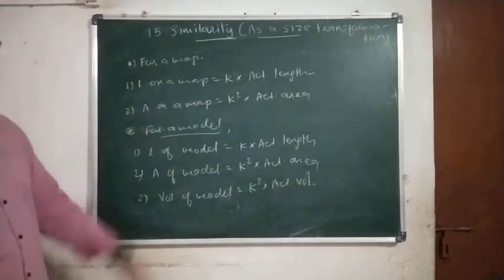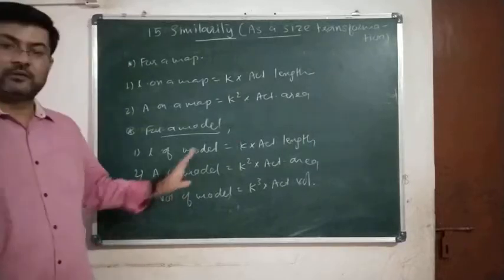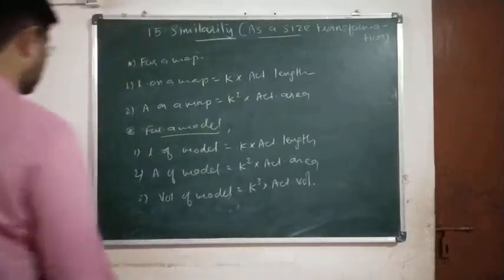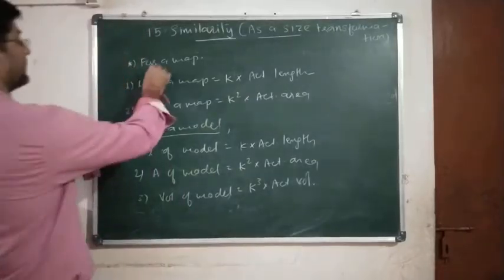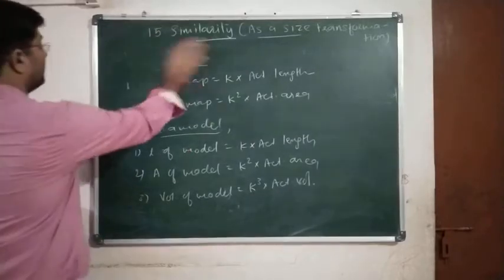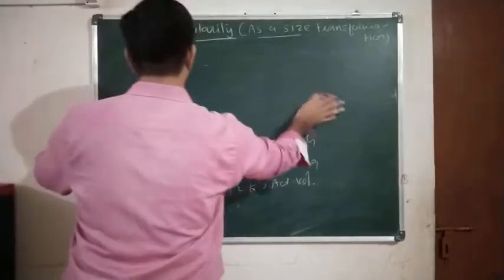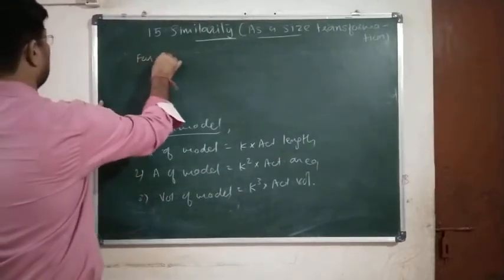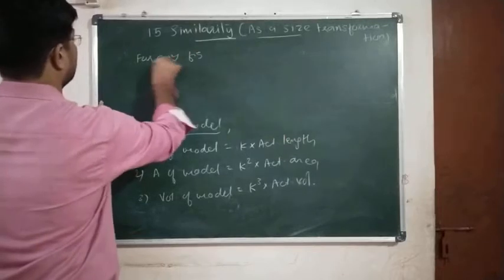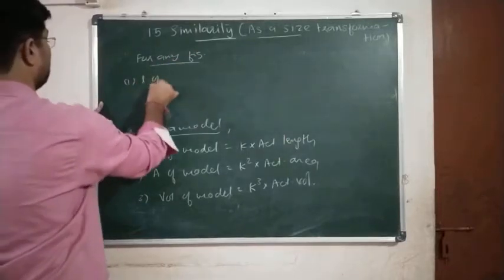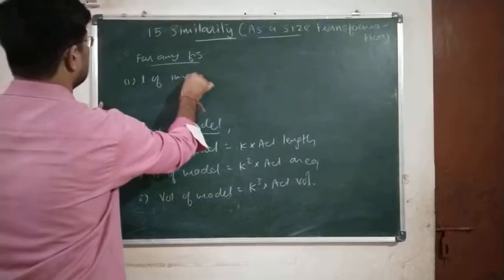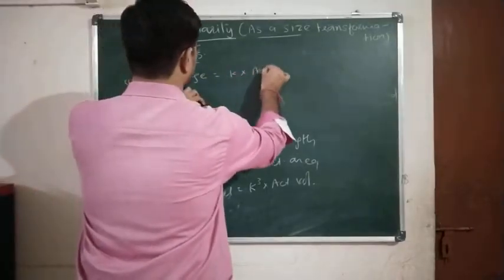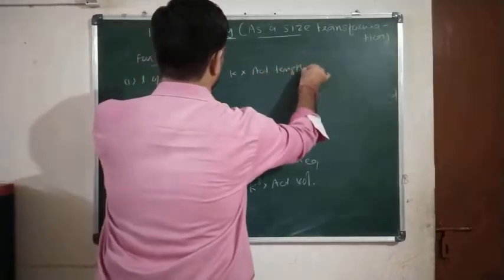Similarly for any plane figure, length of the image will be equal to K into actual length. So for a map and for model we showed, again for any plane figure or for any figure, length of image will be equal to K into actual length or length of object.